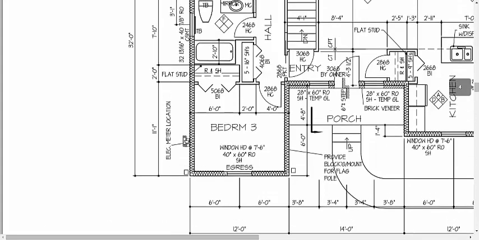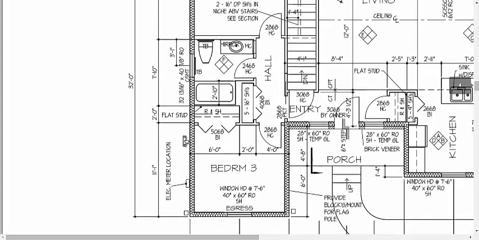But that's what the utility company is going to use to know how much electricity that you've consumed. So we go back a little bit further and we see a dimension of 11 feet 1 inch, and that tells us where this closet wall inside bedroom 3 should be located, right? So it's 11 foot 1 inch. If we hooked our tape measure on the front of that wall, we measured back, the back of that wall should be 11 foot 1 inch off of the front of the wall.